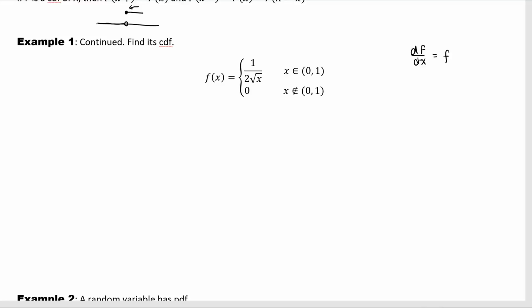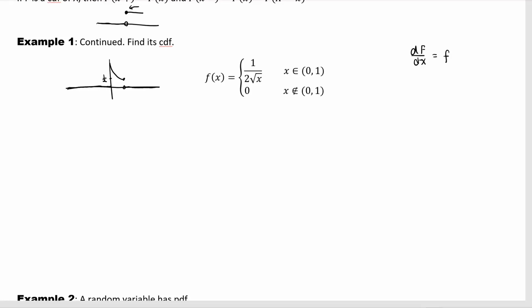Okay, let's see. We can start from the picture. Do you remember the picture of it? It's like that, it's 0 there, and then like that, this is 1/2, and it's 0 again. Okay, this is the picture, right?